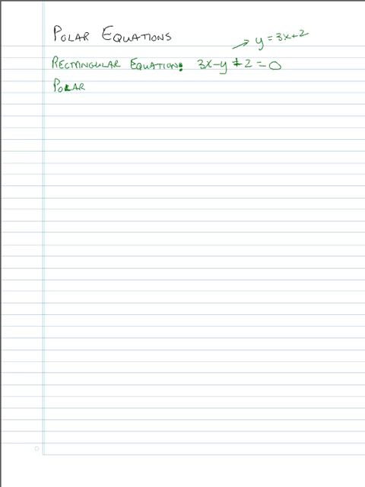Polar equations, of course, have r's and thetas rather than x's and y's. And just like with rectangular equations, where we would prefer to say y is equal to, sometimes we prefer to have it written as r is equal to. We can't always easily do that, but occasionally we like to.